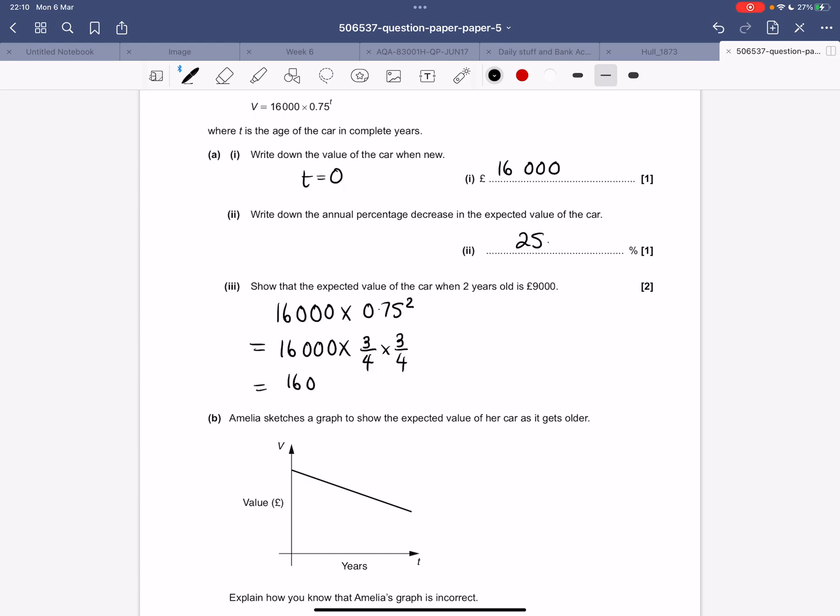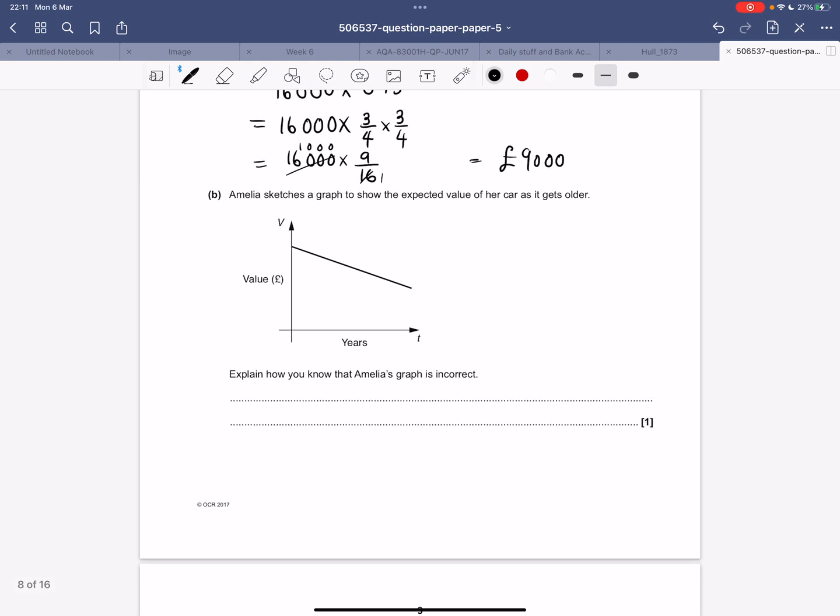So this is 16,000 times 9 divided by 16. So we can divide this 16,000 by 16. So it's 1,000 times 9, which is equal to £9,000.